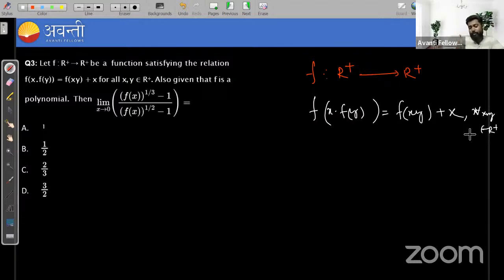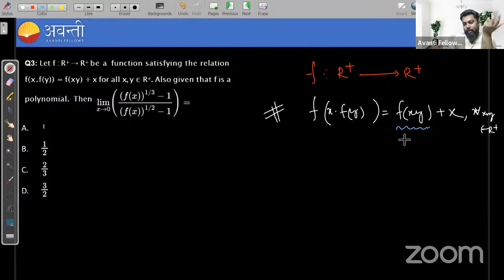If you observe the given functional equation, you can see in the right hand side you are having f of xy plus x, right? And in the left hand side you are having f of x into f of y. Let's take the degree of this function in y, and say the degree in y is n.